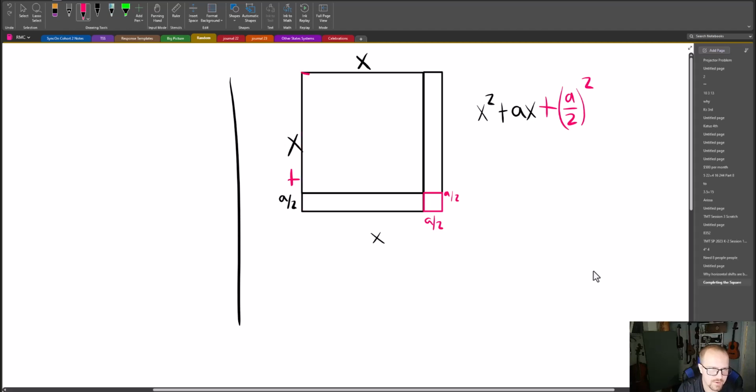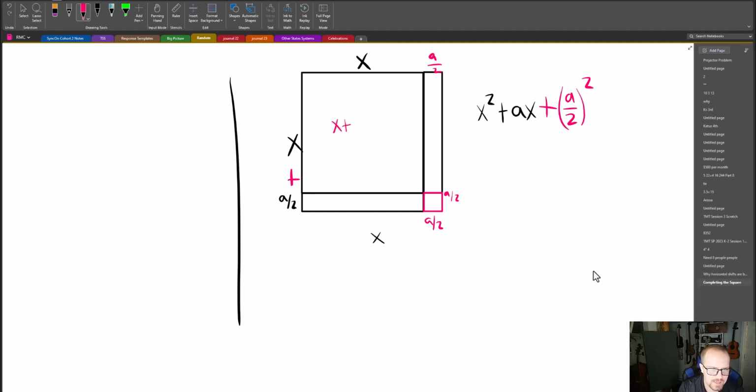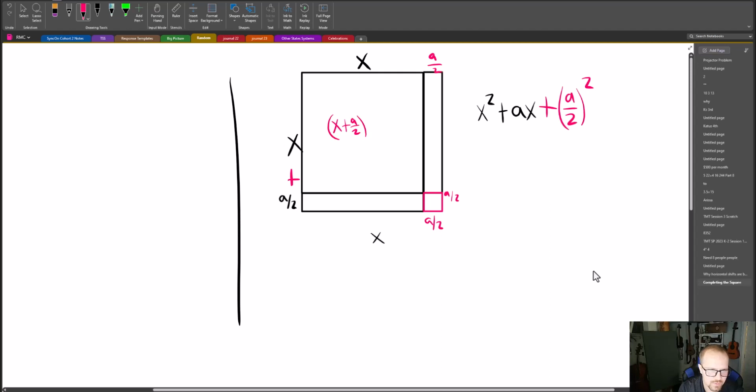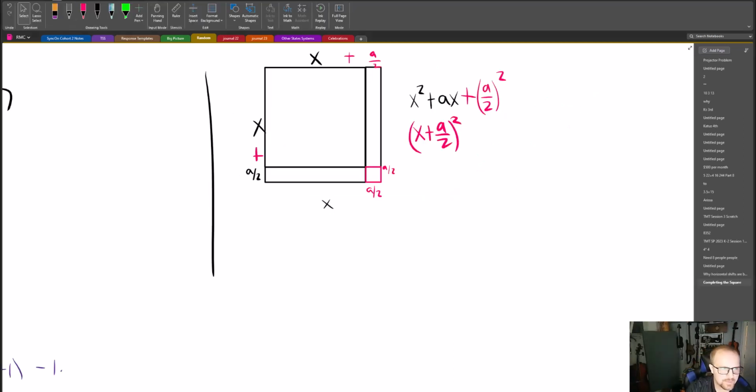And what's this side? Well, it's also x plus a over 2. Cool. So this area is going to be x plus a over 2 squared for the whole square. This is why I use tools to draw squares, because I just can't. Right? So we know this is going to factor as x plus a over 2 squared. And now let's be clear about what exactly we just factored, because that's kind of important.